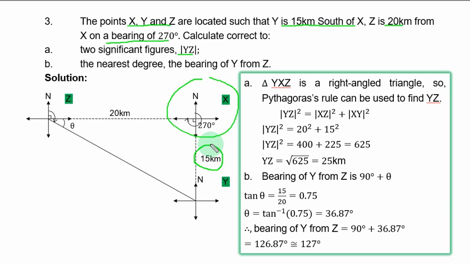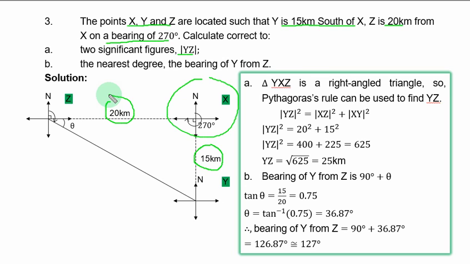Now from S, the bearing of Z is 270 degrees. That is, from the first quadrant you have 90, second quadrant 180, the third one is 270, in the clockwise direction. So Z is in the west of S, and the distance there is 20 kilometers.